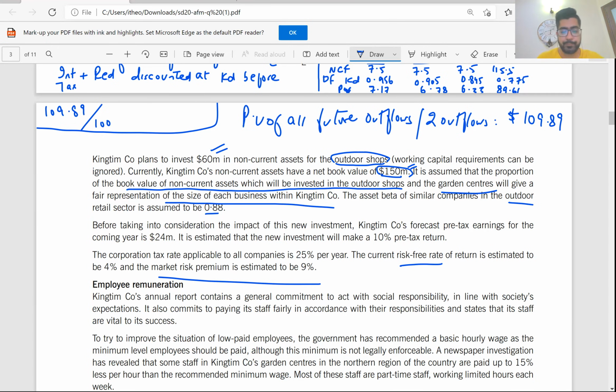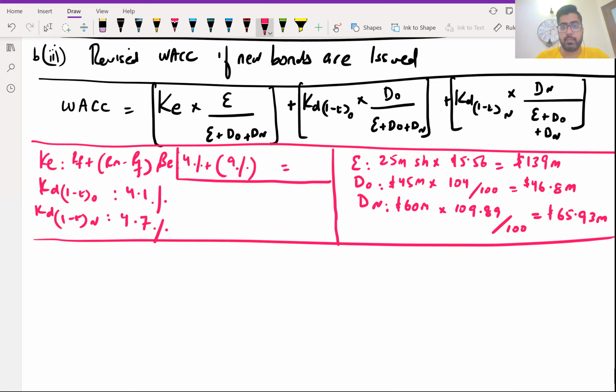So what will happen now? Obviously, when you are launching outdoor, the beta equity will change. And for this, you have to perform a step called ungearing and regearing.